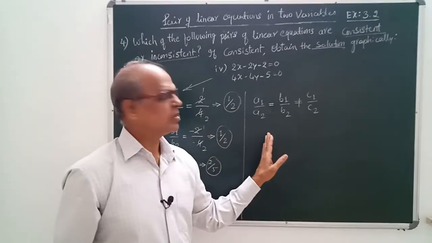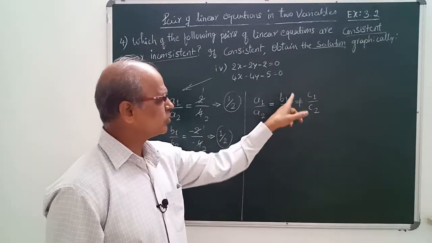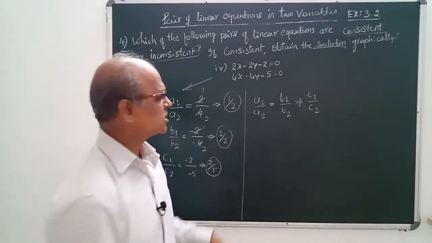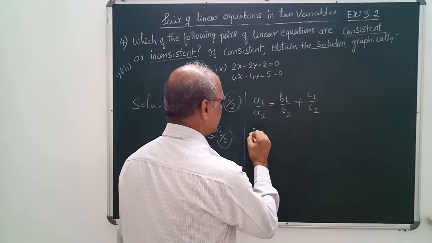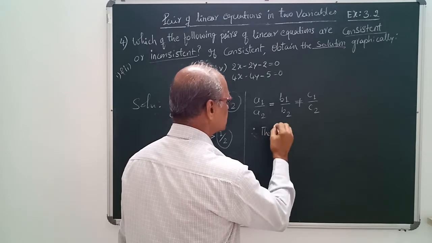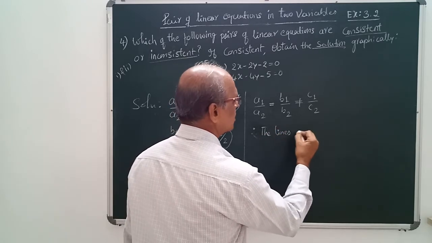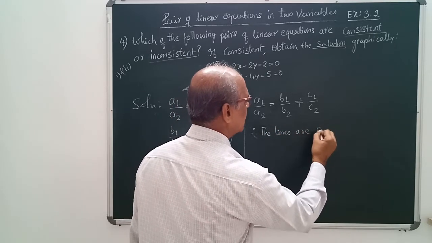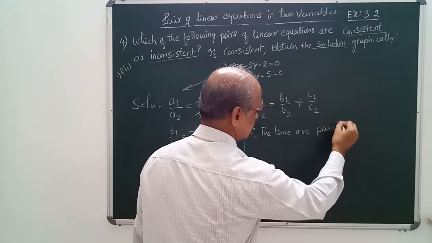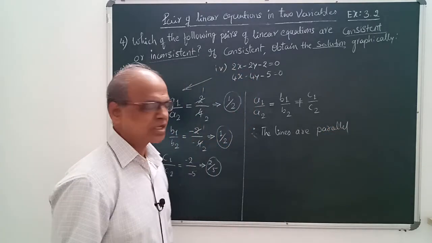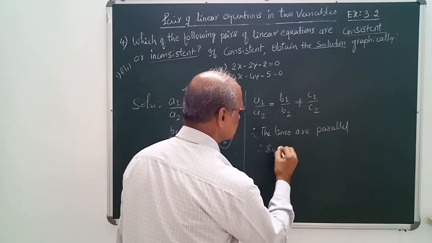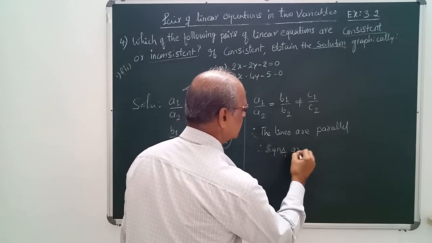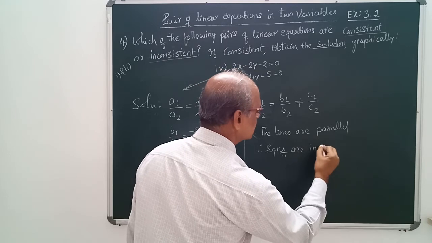You can refer to the table. When A1 by A2 is equal to B1 by B2, therefore you can write, the lines are parallel. So lines are parallel, therefore the equations are inconsistent.